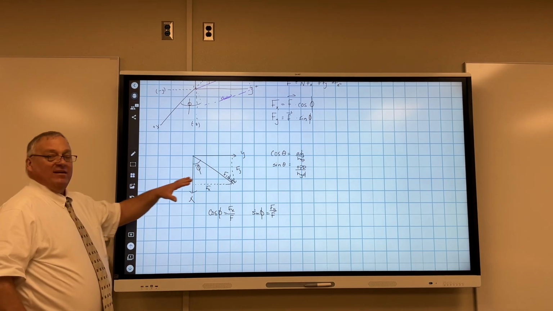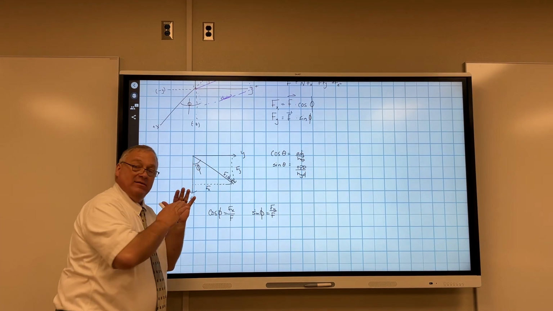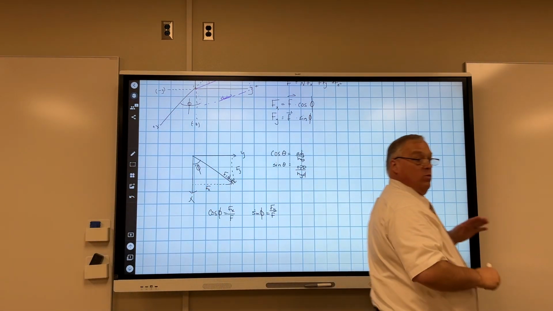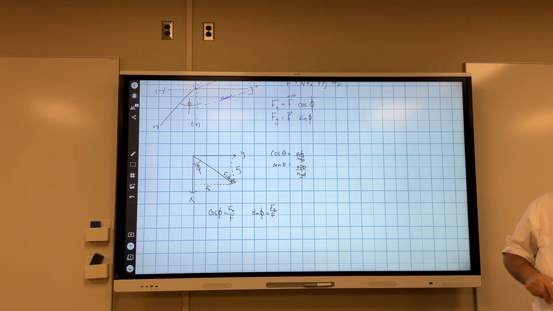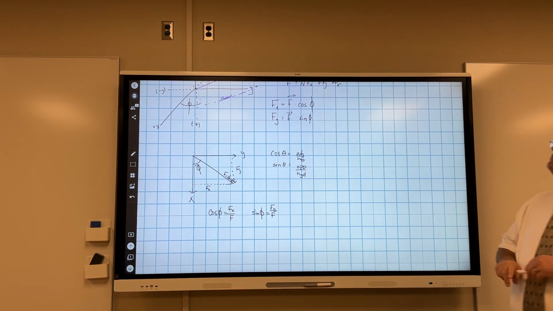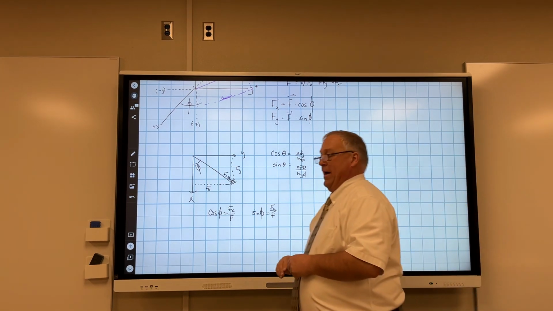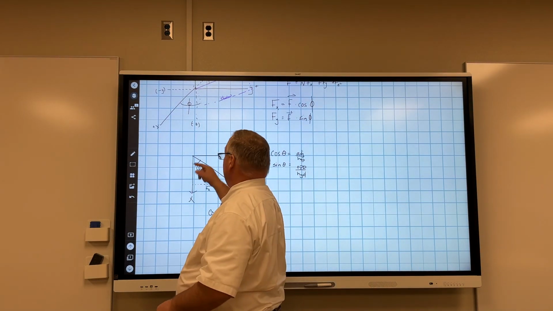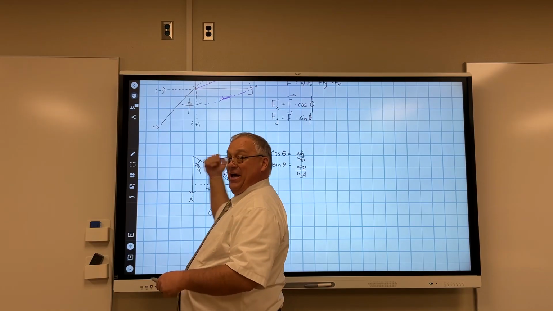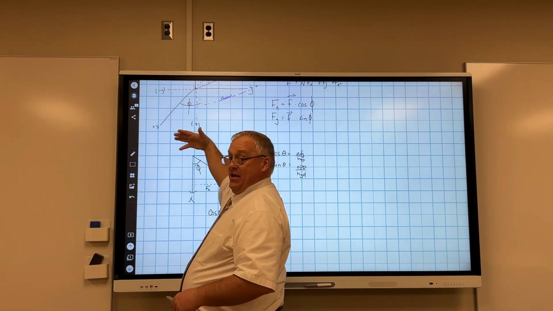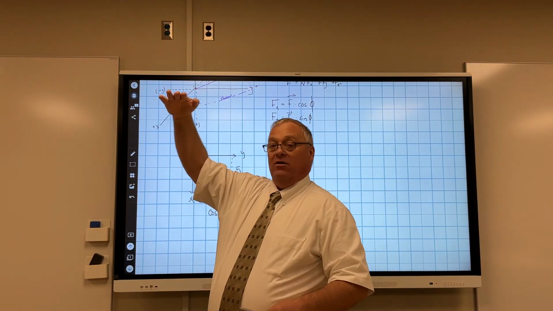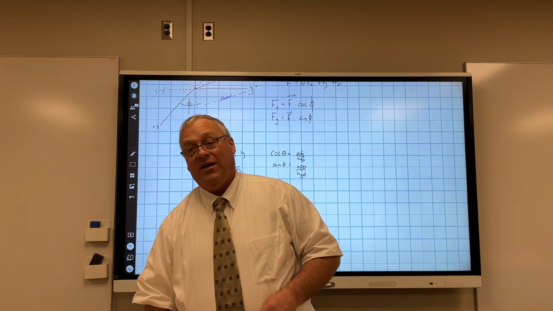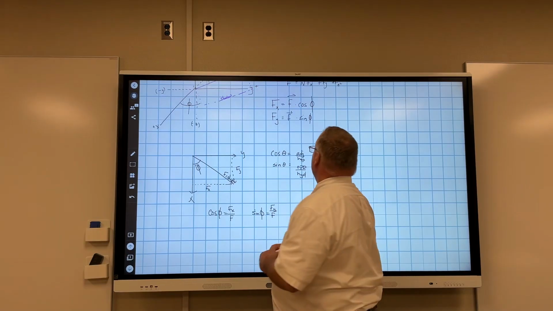Okay, this X should mean it's coming out towards us. And the Y is going along the plane of the board. We're looking in the Z direction right now, pretty much. We're looking down the Z axis from above.